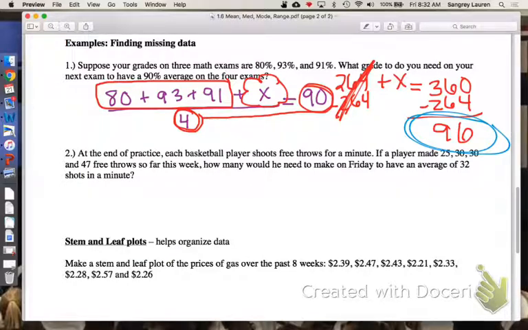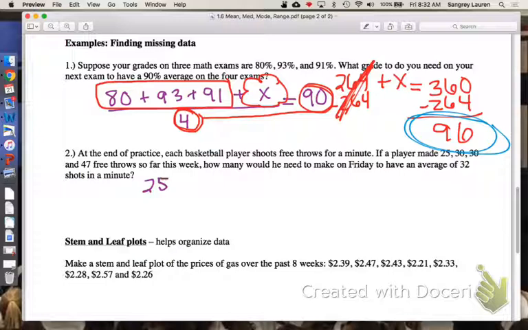So let's try another one. So this time they're talking about basketball players shooting free throws. So the player made 25, 30, another 30, and 47. We want to know how many would he have to make on Friday for his average to be 32. So average means we add them all up and divide by however many there are.